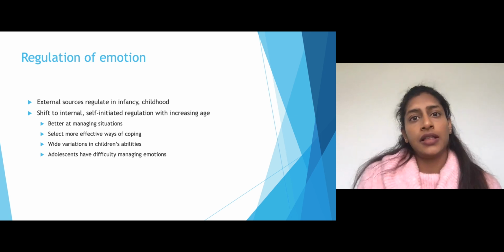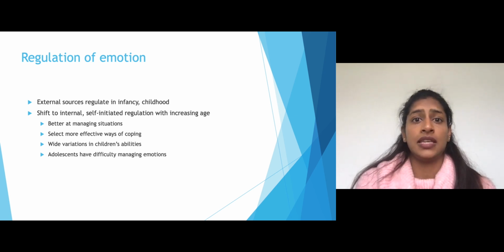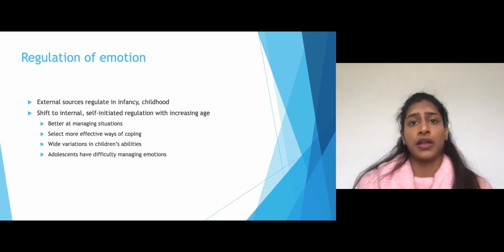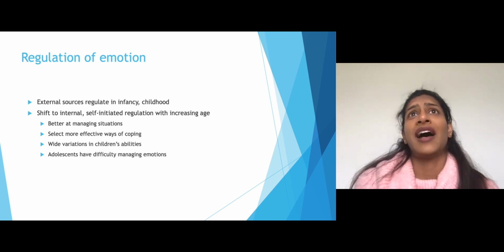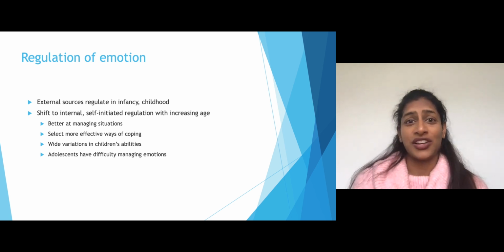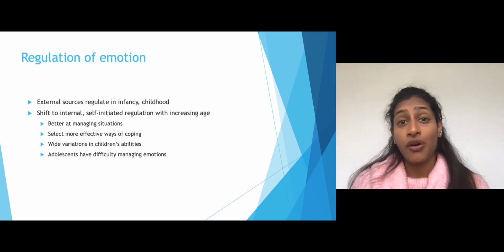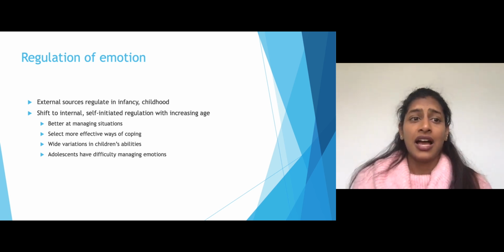So in terms of regulating our emotions in infancy, that regulation is occurring through external sources, perhaps through a parent or caregiver, right? "Oh, I'm here, don't cry, it's okay."